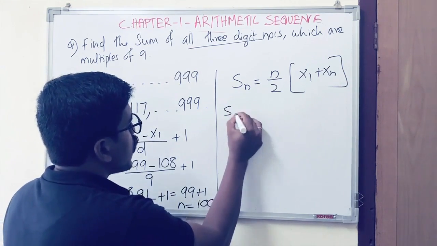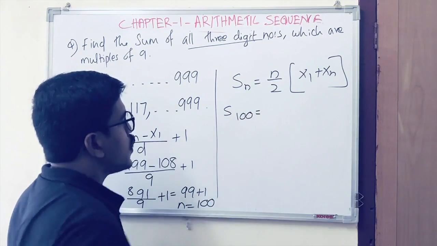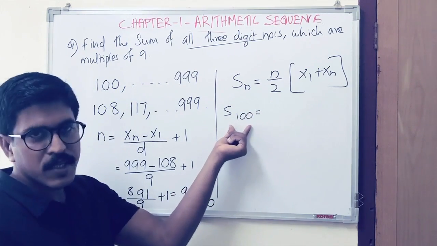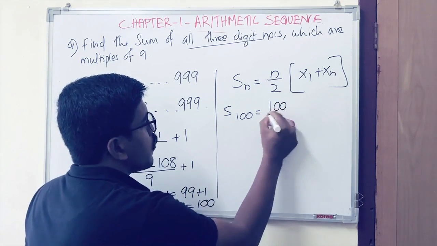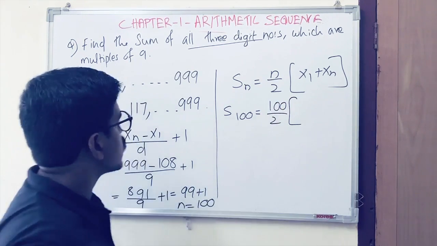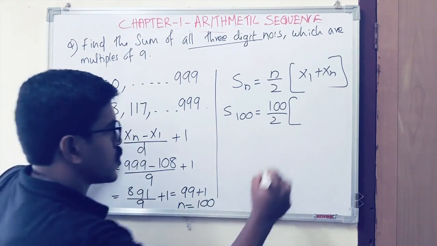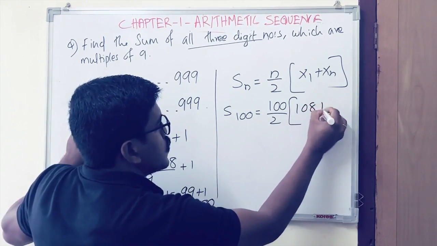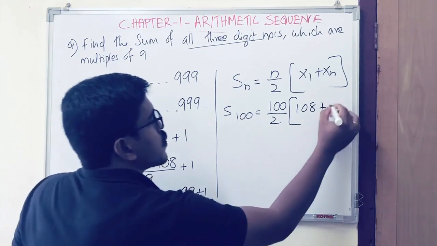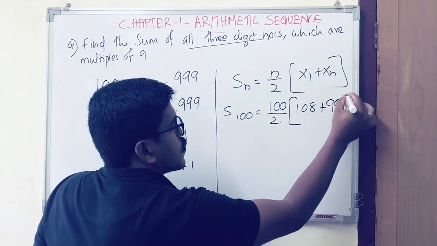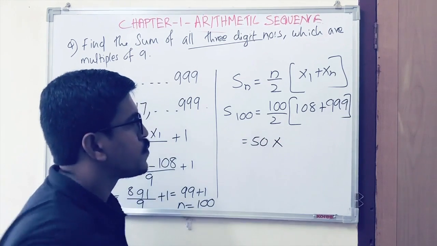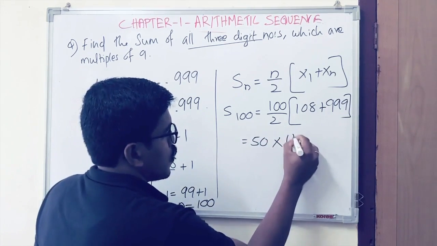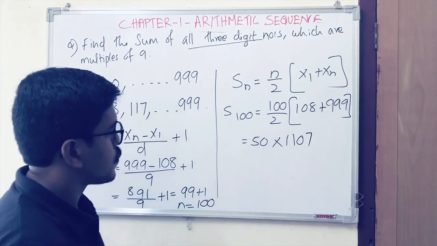Okay, we found that 100 terms are there. So S100 is 100 divided by 2, into x1, which is 108, plus the last term 999. Okay, that is 50 into 1107 will come.